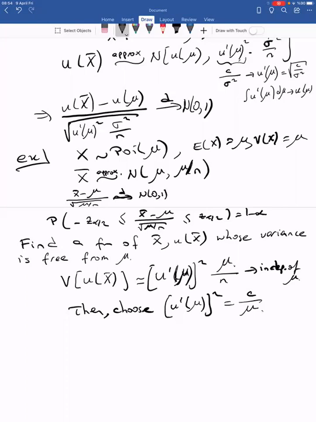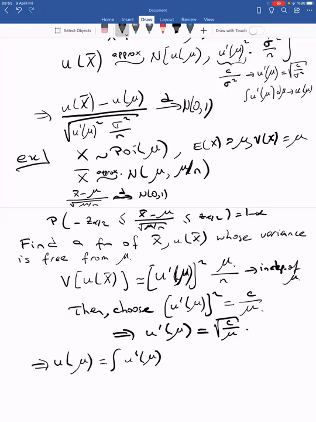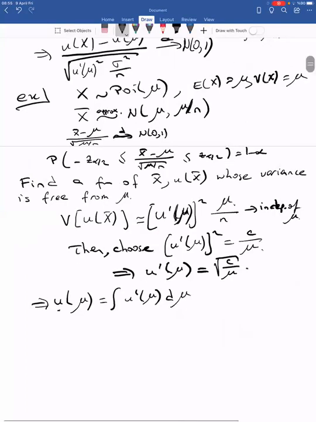Let's try to find the original u function. It will be the square root of some constant over mu. If we know that the derivative of the function is this one, how can we find the original function? When we integrate it with respect to mu, we can find the original u function. Then we will have some constant; this part is not important.